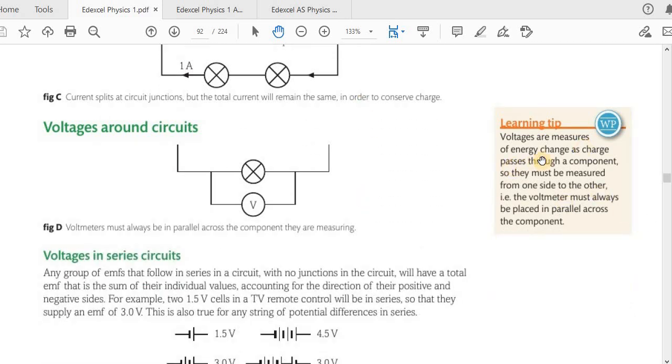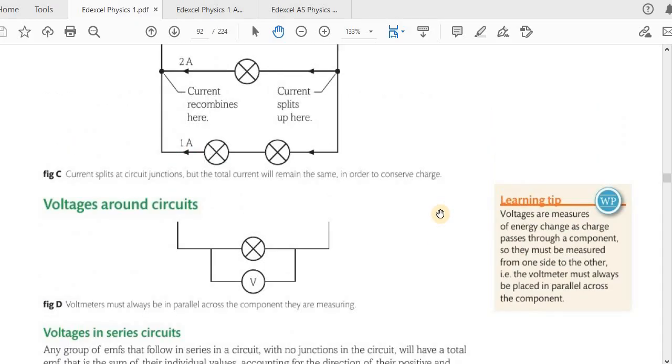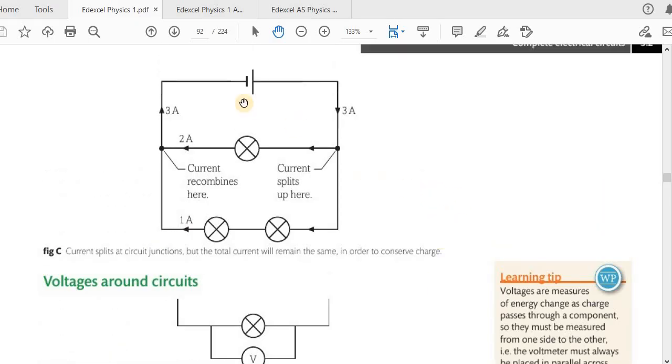Voltages are measures of energy change as charge passes through a component. Now what is happening is the battery or cell or power supply, it can be a dynamo, it can be a generator, they give energy to the charges. So the charges gain electrical energy from the power supply. If it's a dry cell, for example, chemical energy is converted to electrical energy in the cell.